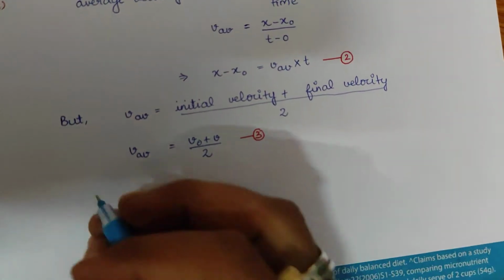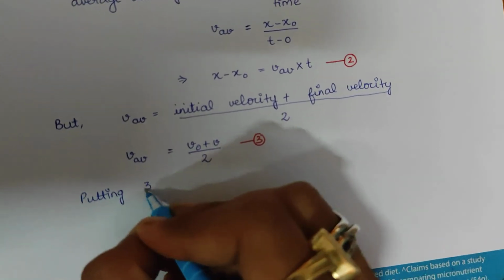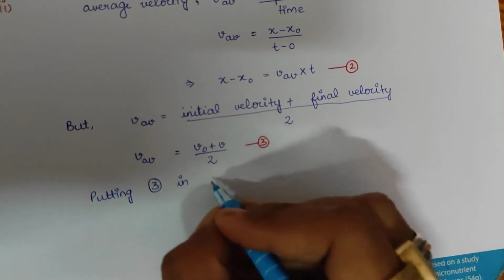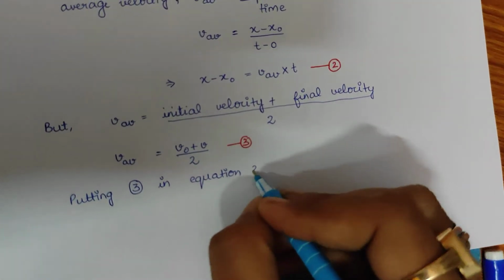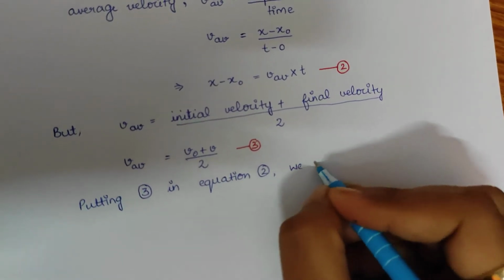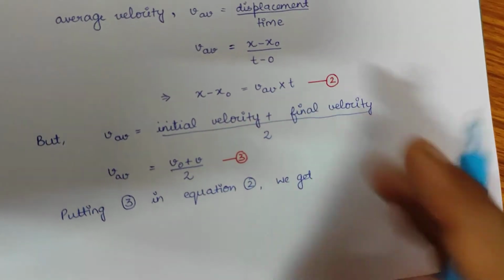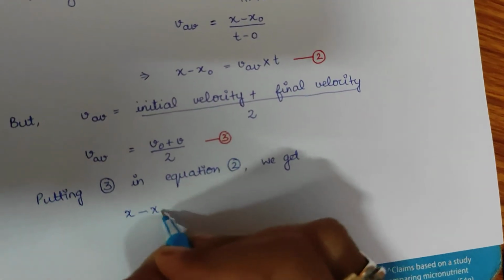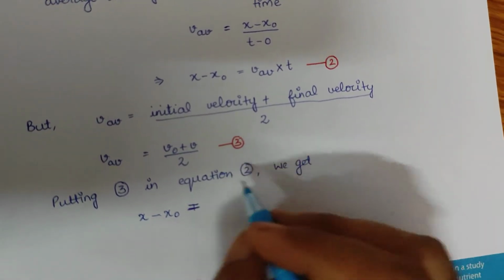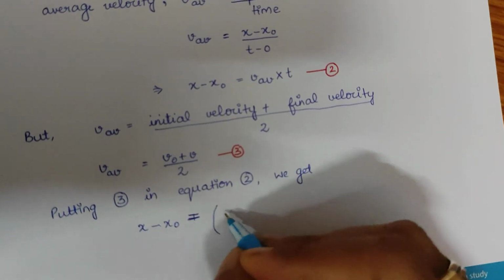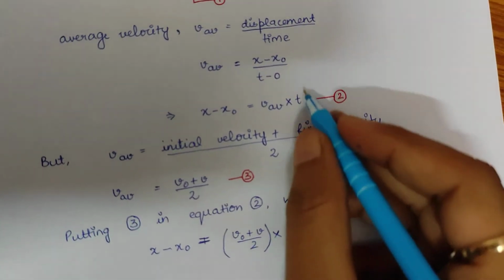Now by putting expression 3 in equation 2, if we put the value of v average in this equation, we will get x minus x naught equals, in place of v average, v naught plus v by 2 into t.